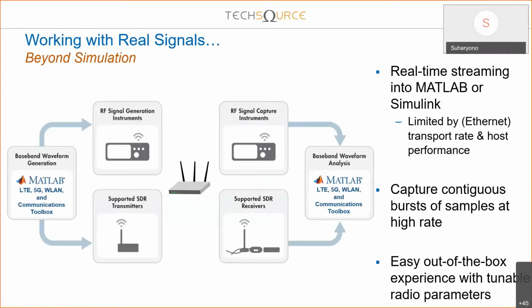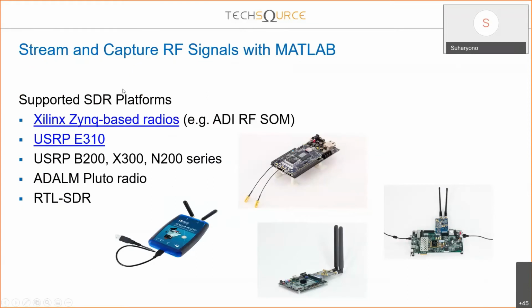In the next slide, you can see the supported SDR platforms for over-the-air testing and capturing the RF signal. Besides the typical low-cost ones like ADALM-PLUTO, we also support Xilinx-based radios.